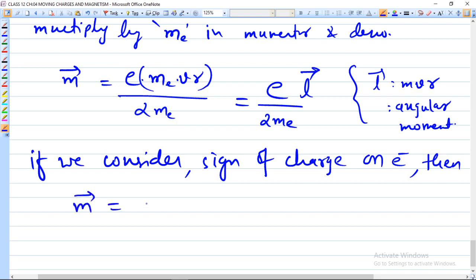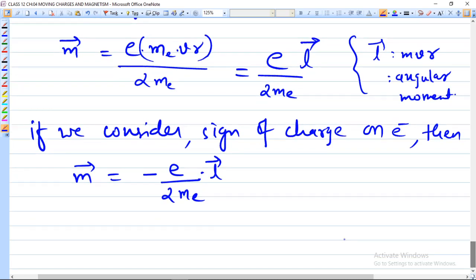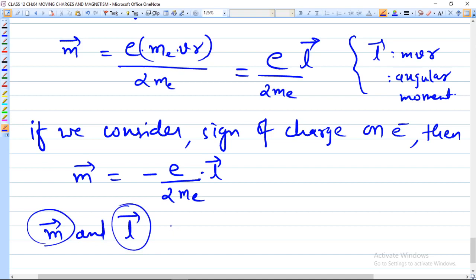Then M bar equals minus e upon 2 m_e into L bar. So here one more important result I am saying: the magnetic moment and the angular momentum are in mutually opposite directions.